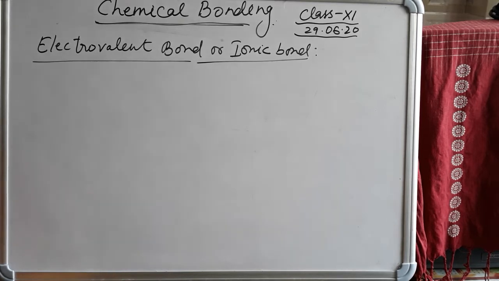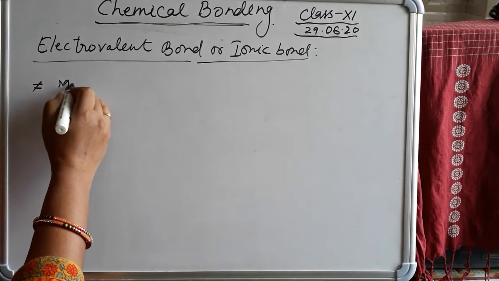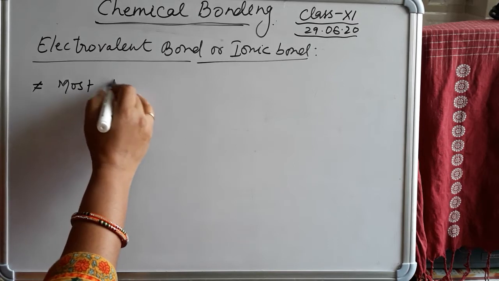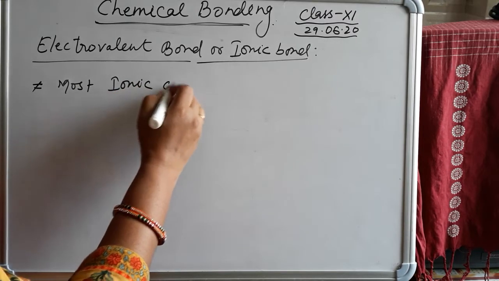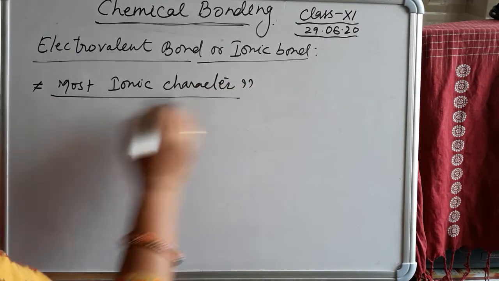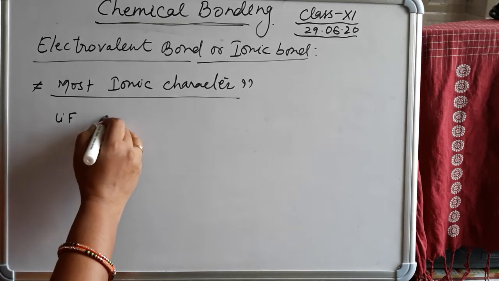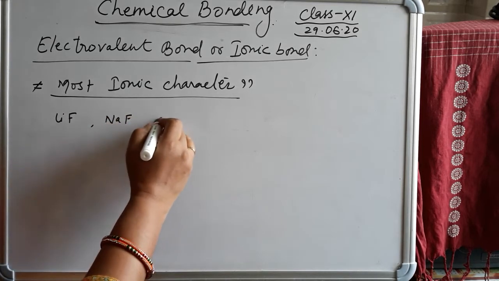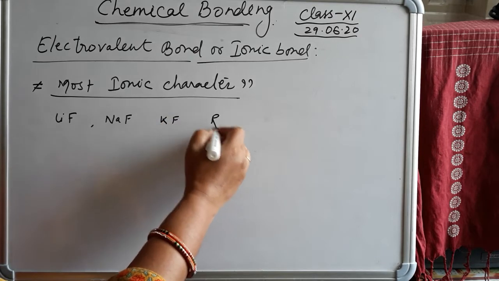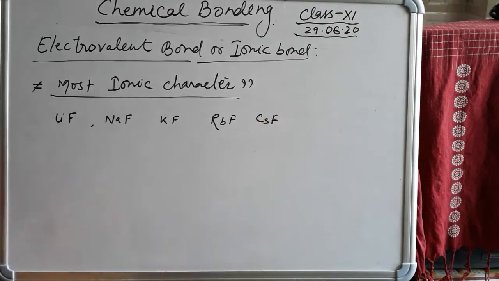At first we discuss a question, for example, to find the most ionic character. If the question gives lithium fluoride, sodium fluoride, potassium fluoride, rubidium fluoride and cesium fluoride, which species has the maximum or most ionic character?